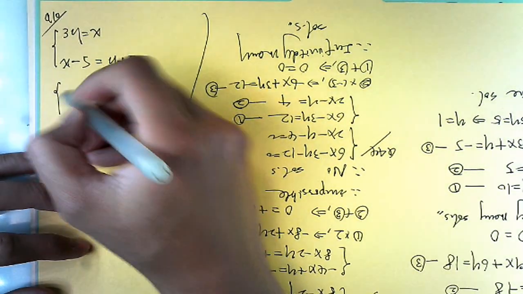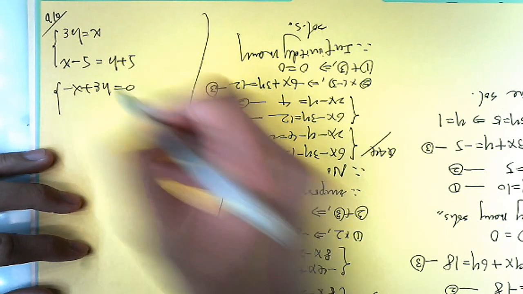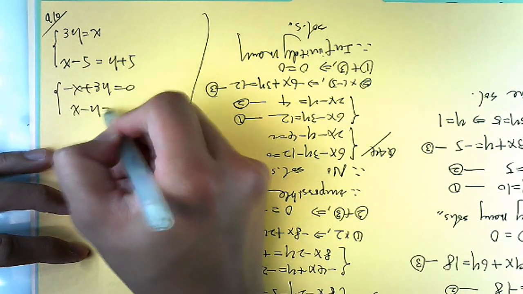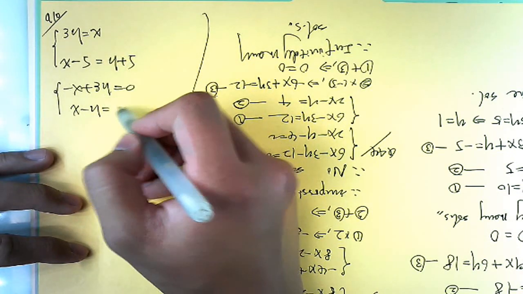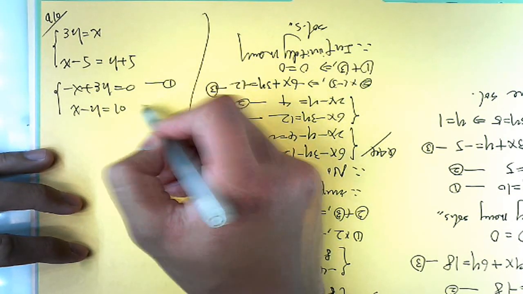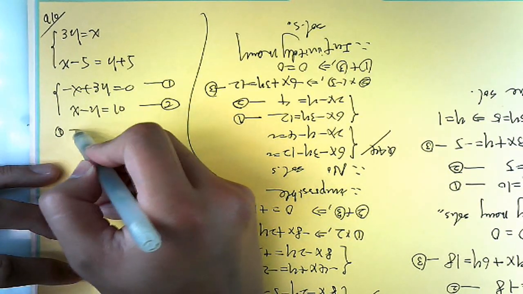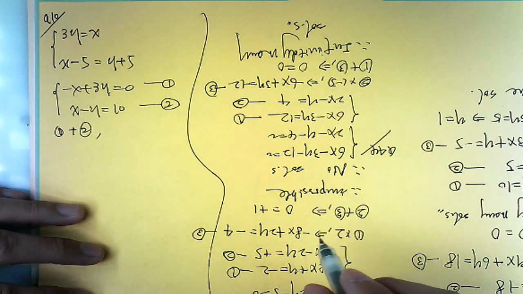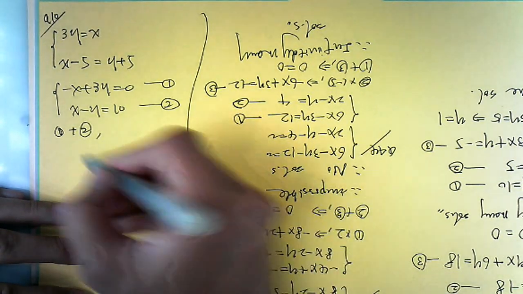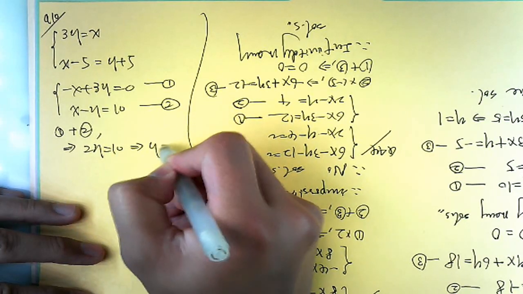So simplify. Move the x to this side, and then y to this side. This 5 move to this side, plus 5, and then 10. Understand? So minus x plus x, you know, doing what? Directly doing a plus. Okay? 1 plus 2. Understand? X cancel, 2y equal to 10, and then y equal to 5.